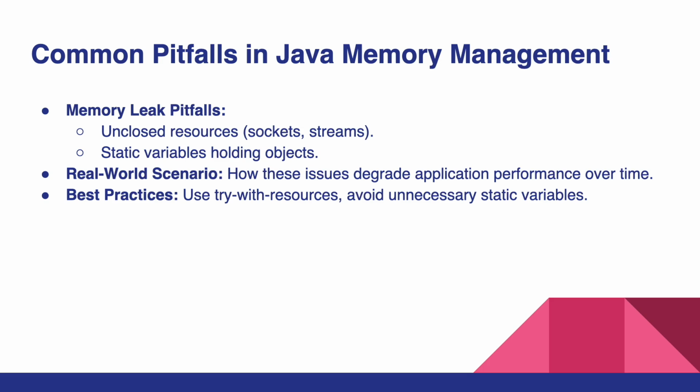For example, an unclosed socket in a network application can quickly lead to memory exhaustion. To avoid these issues, always use try with resources for automatic resource cleanup and be cautious with static variables. By keeping our code clean and well managed, we prevent these pitfalls from causing long-term problems.